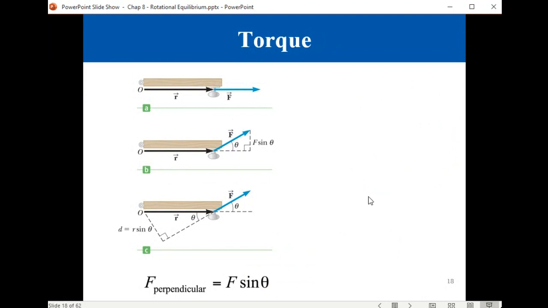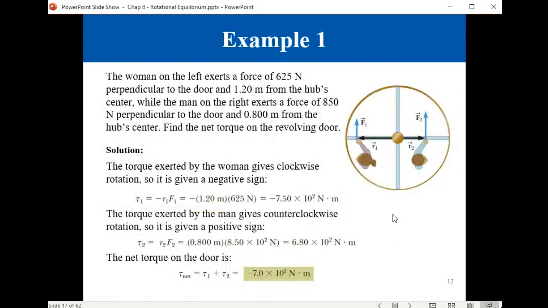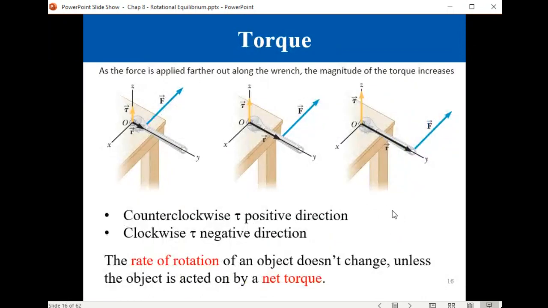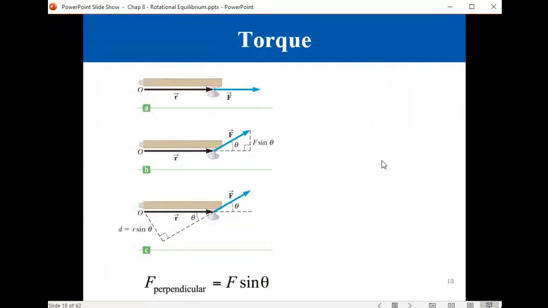In general, the line of action of the force may not be perpendicular, as was the case here, where the force was perpendicular to the lever arm. If the force is not perpendicular to the lever arm, then we are interested in the perpendicular component of the force, and we determine it simply by using trigonometry.